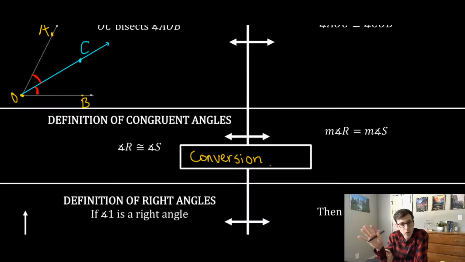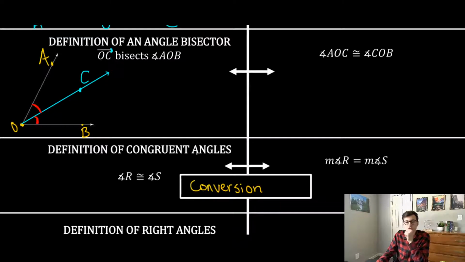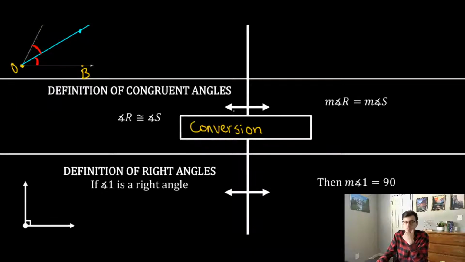So if I know that two angles, R and S, are congruent, then they have the same measure. And again, when we're using this definition of an angle bisector, I'm only saying that the angles are congruent. I'm not saying anything about their measures. So if you wanted to say something about their measures, you would need to use the definition of congruent angles.